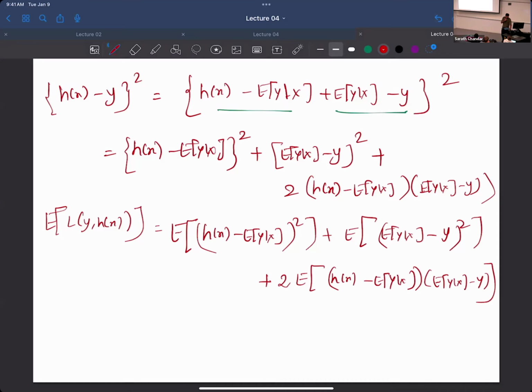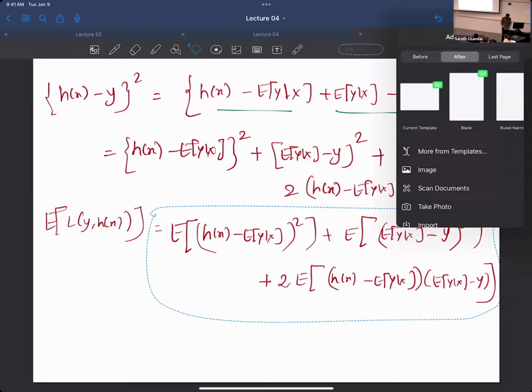Okay, so we haven't done anything fancy yet. So I'm going to take this and simplify it in the next line.